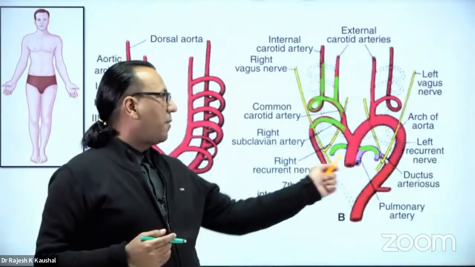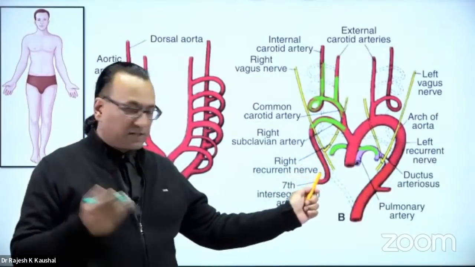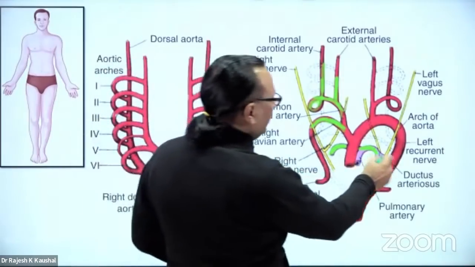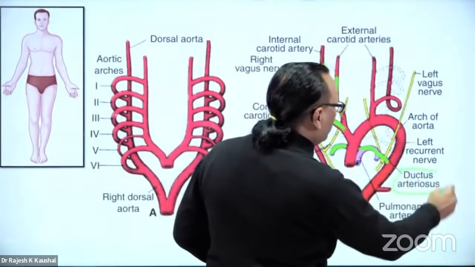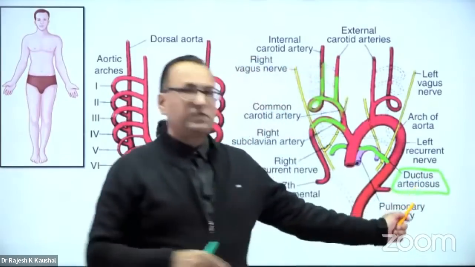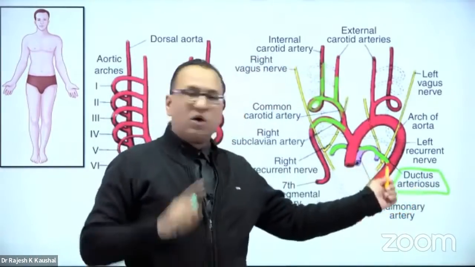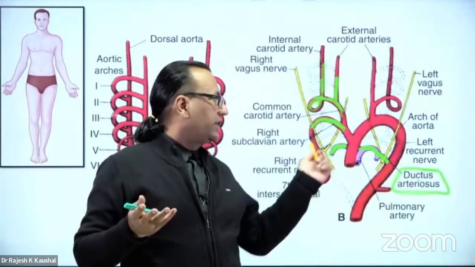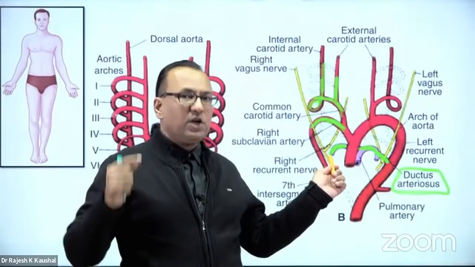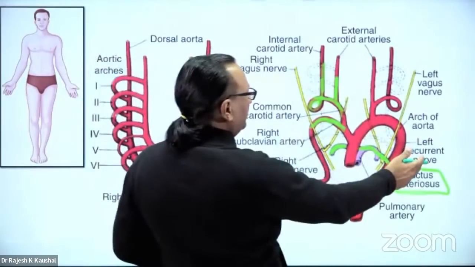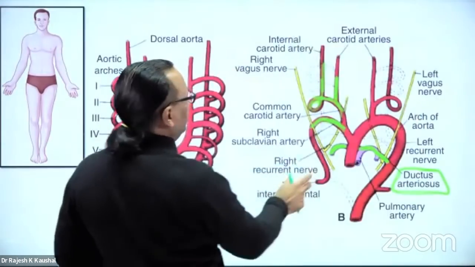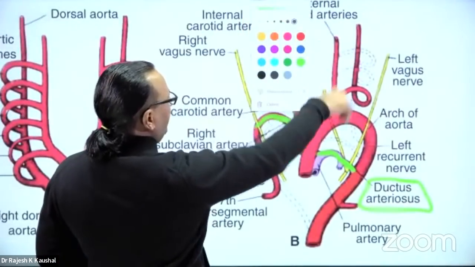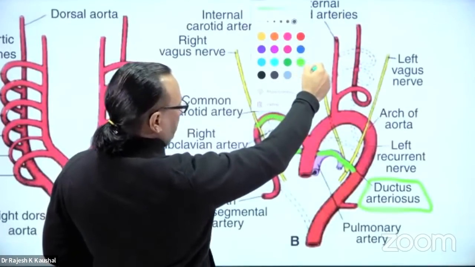Because that communication disappears on the right and is persisting on the left side, which will later be called the ductus arteriosus, due to that presence of ductus arteriosus only on the left side, not on the right side, there is a change in the course of recurrent laryngeal nerve. You will notice on the left side, let us zoom this a little bit, when we are looking at the left side, say, let us take this color.